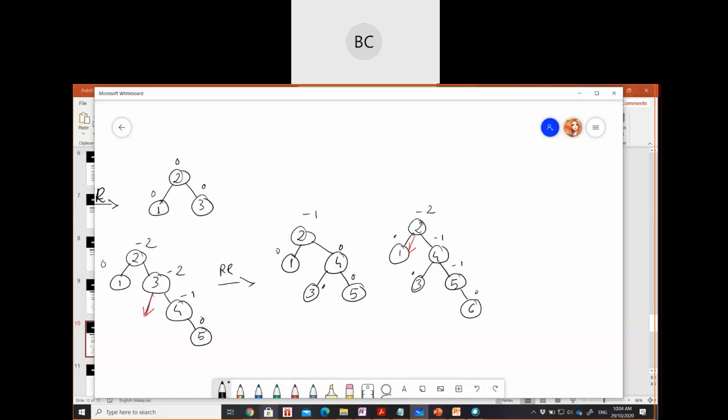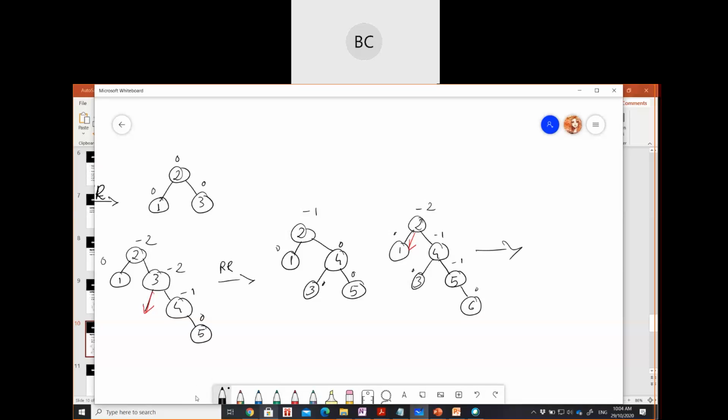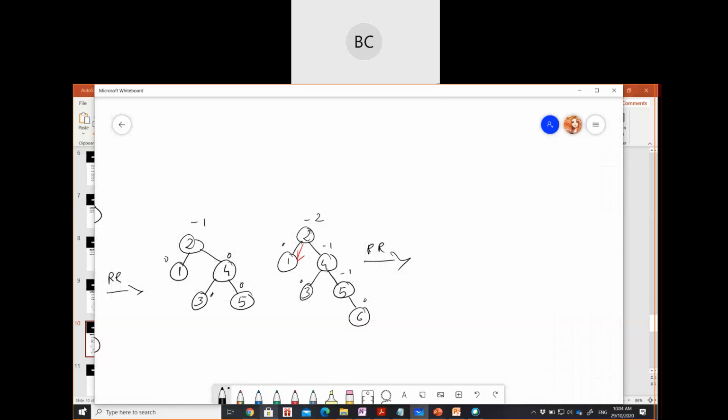Since our imbalance is here, I'll simply put this down. In this case it is again the same RR rotation, but when we move it anti-clockwise, 4 will become the root here, 5 will remain the same, 2 will come down, 1 will come down.